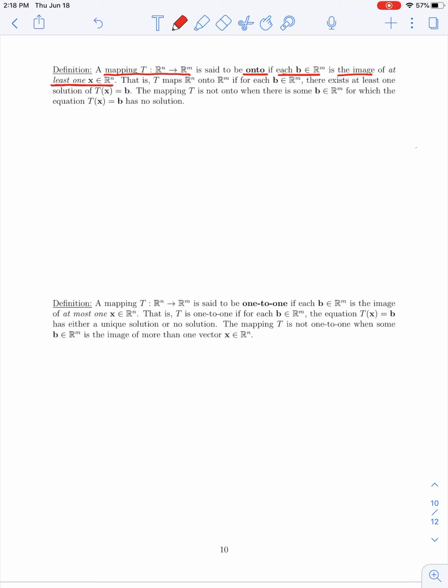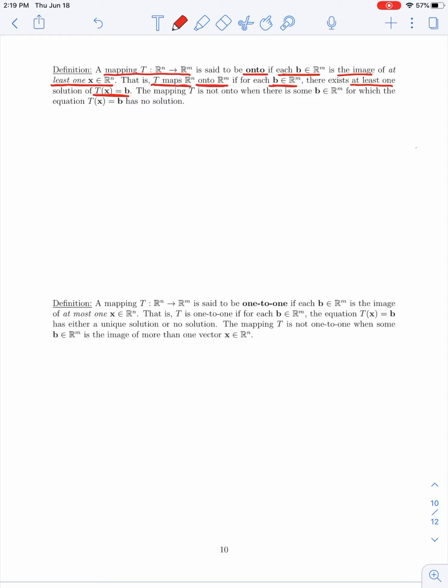So that is, we say the transformation T maps Rn onto Rm, or it's called an onto mapping, if for each b in the codomain Rm, there exists at least one solution of the equation T of x is equal to b. That is, if for every vector b in the codomain, we can think of it as the image of some vector in the domain, then that mapping is onto.